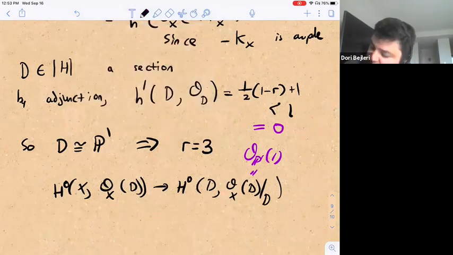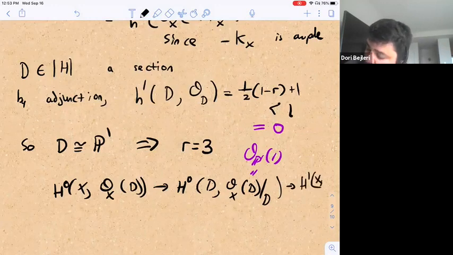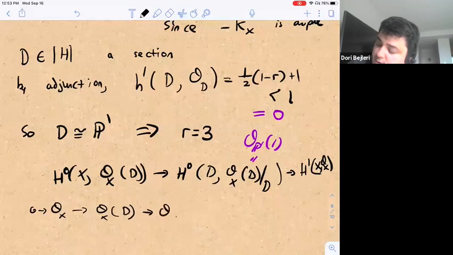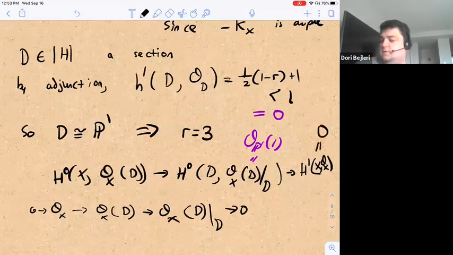So some similar idea to the previous one, where we'll produce a linear series by actually finding the P1 and checking that it restricts to O of 1. And then what's the next term here? Well, the next term is H1 of OX, because this is the long exact sequence corresponding to OX goes to OX of D goes to OX of D restricted to D. But we showed earlier that that's 0. So that tells us this map is surjective.